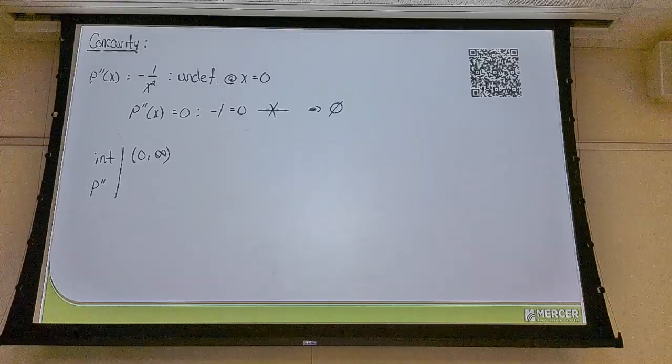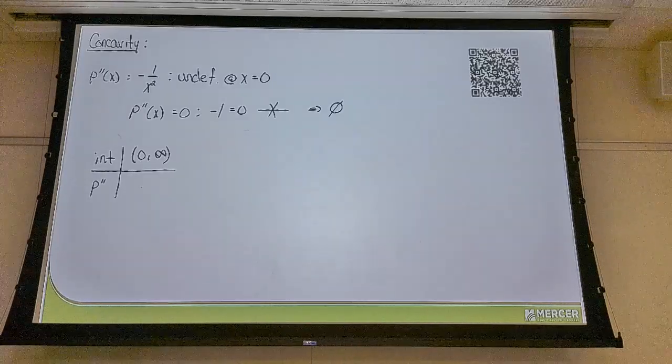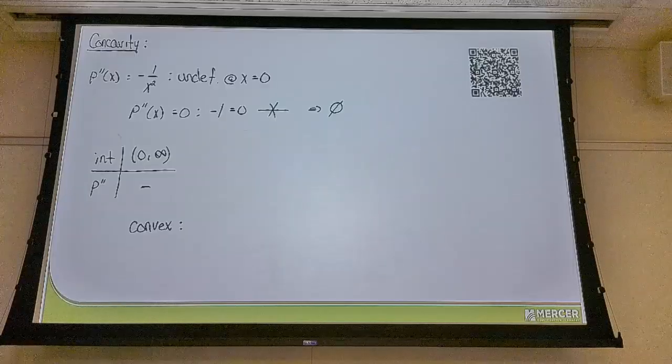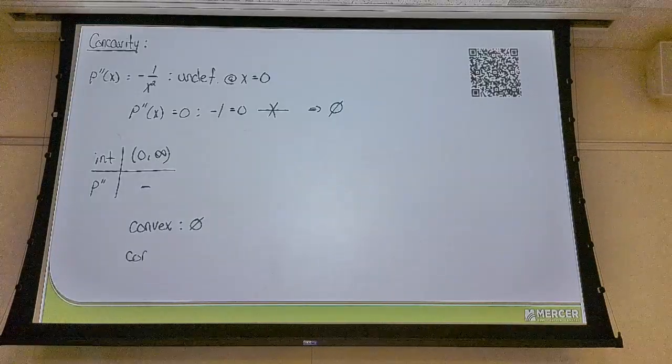Pick one. What's P double prime of 1? Where are we convex? Nowhere. Where are we concave? 0 to infinity.